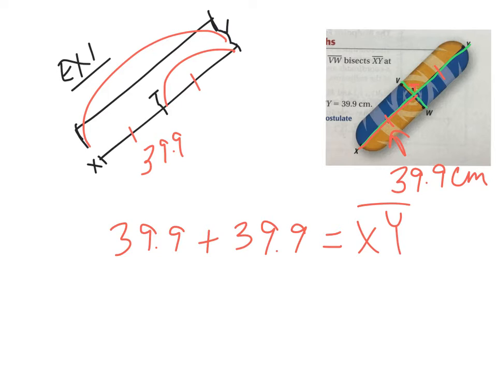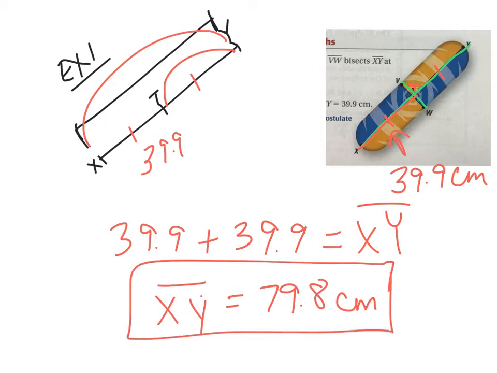So now just add those. What's 39.9 plus 39.9? 79.8. 79.8 what? Very good. And you were able to do all that because you knew that these were equal. Good. Example 2.